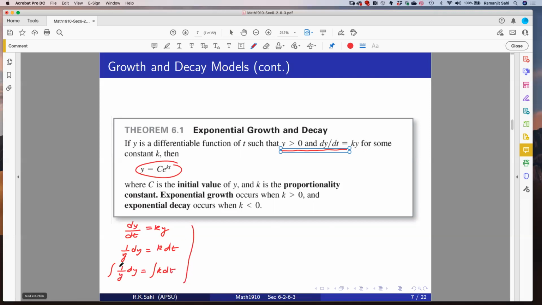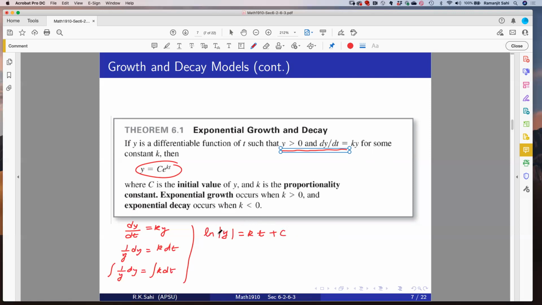When we integrate, the integral of 1 over y dy is the natural log of the absolute value of y. Remember, your y is a variable, and that's why you're using the absolute value of y, equals k times t plus a constant.